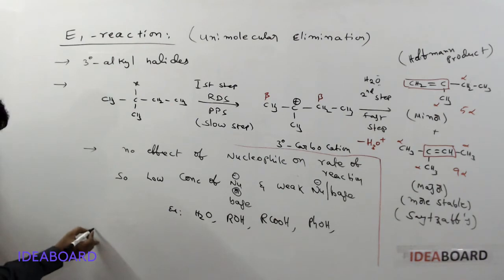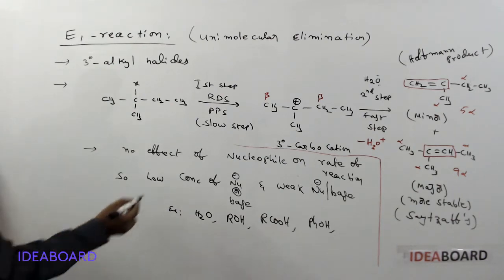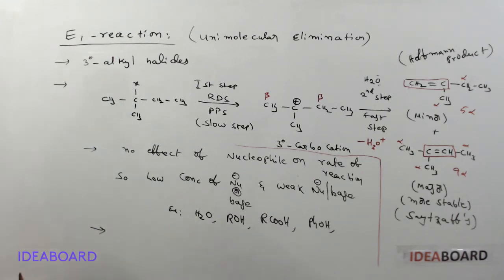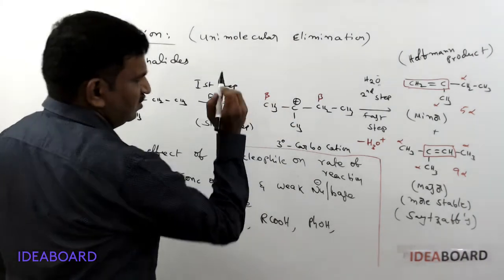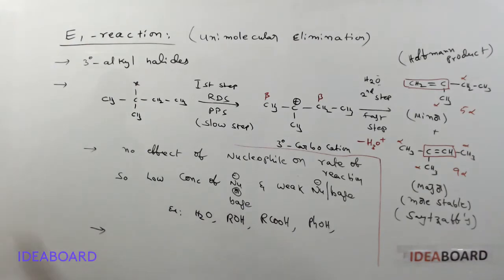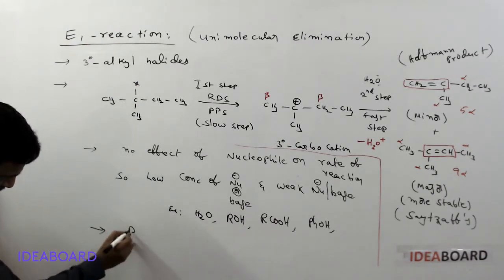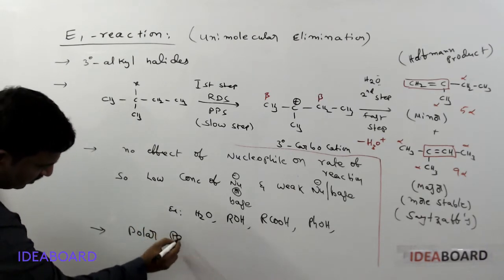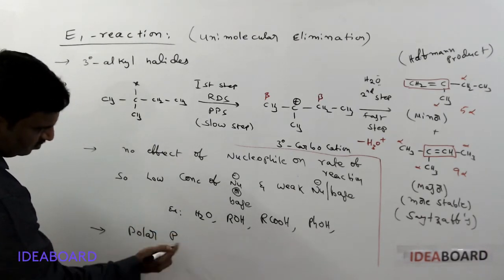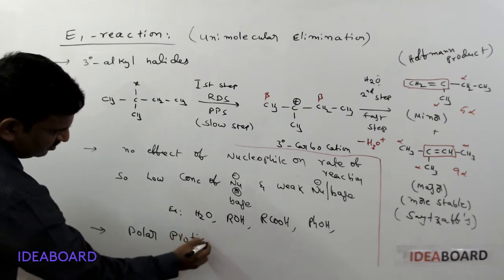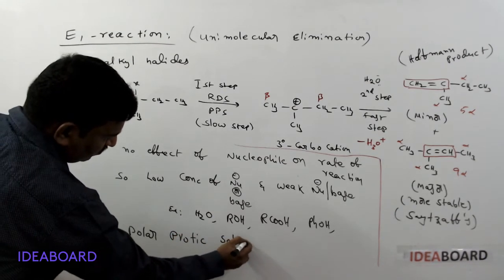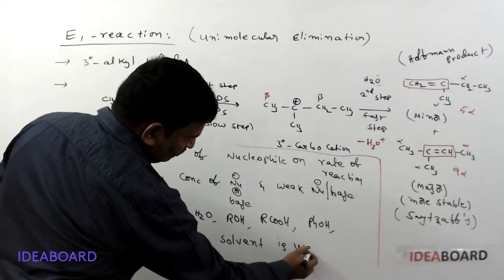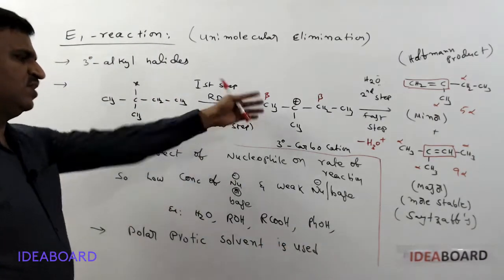And next point, here a polar protic solvent is required, because in the SN1 reaction, what is forming? A reaction intermediate, a carbocation. So a polar protic solvent is used to form the carbocation very easily.